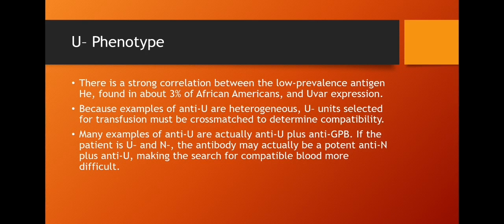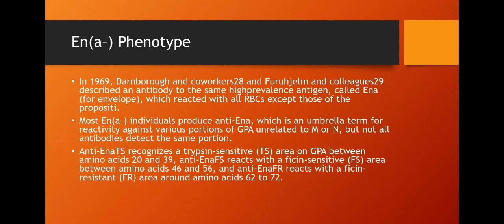Many examples of anti-U are actually anti-U plus anti-GPB. If the patient is U negative and N negative, the antibody may actually be potent anti-N plus anti-U, making the search for compatible blood more difficult.